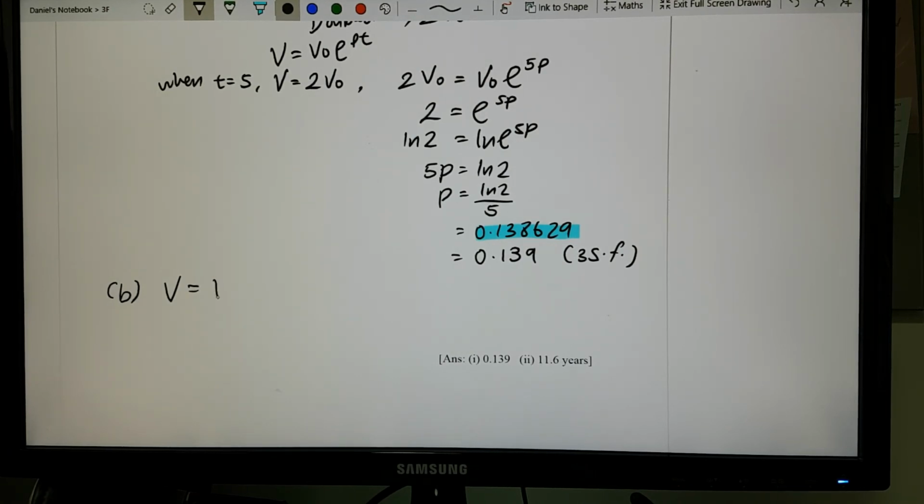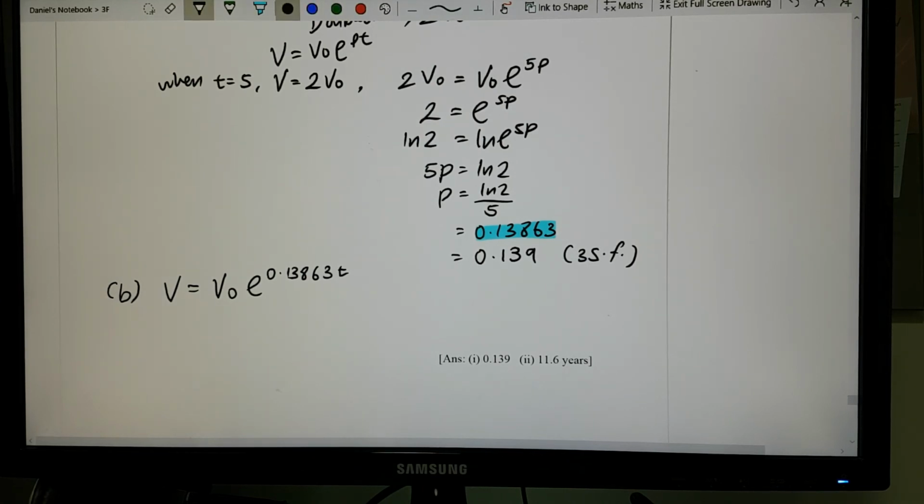So I say V equals V0 e to the power of, the P value I know already is 0.13, write a more accurate value, 0.13863, about 5 to 6 significant figures. Let me just be more consistent, I write what I always say, 5 significant figures will do.